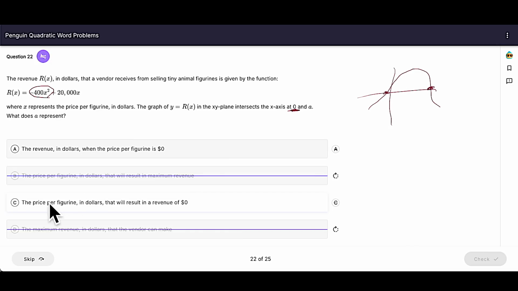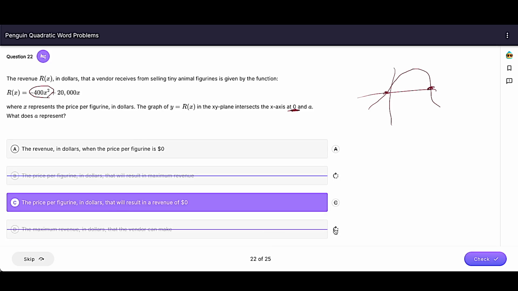So anyway, choice C is saying the price per figurine would be A. That's our X axis, so that makes sense. That will result in a revenue of 0. And again, it doesn't matter which one we choose because either price is going to end up with our revenue being 0 because it's an x-intercept, right? Y equals 0. So choice C is our answer.